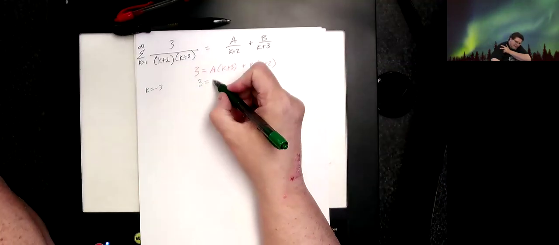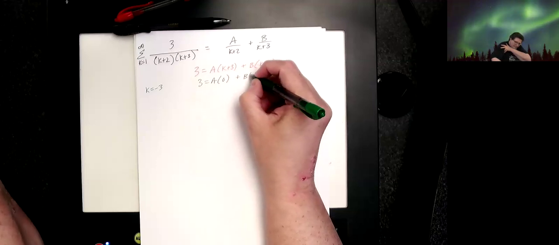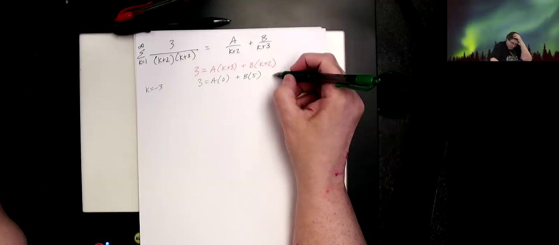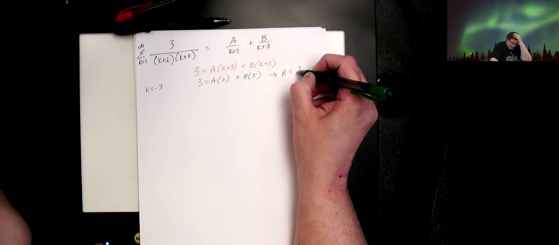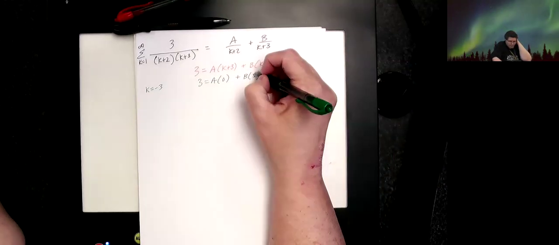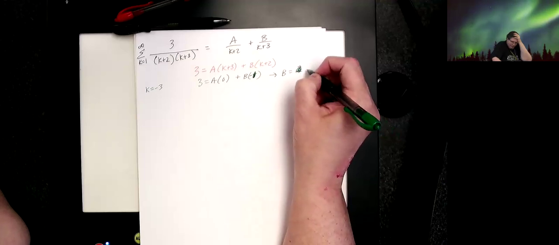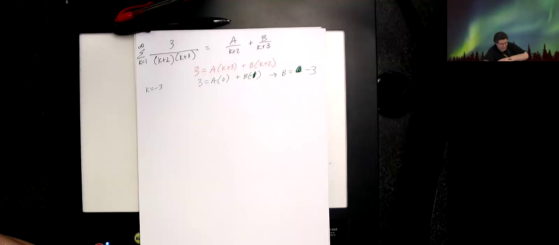If I stick in -3, this is a times 0 plus b times 5. Which means b equals 3/5. Isn't it -1? -1. How about -1? And b equals -3. There we go. Where did I get 5? I added +3.